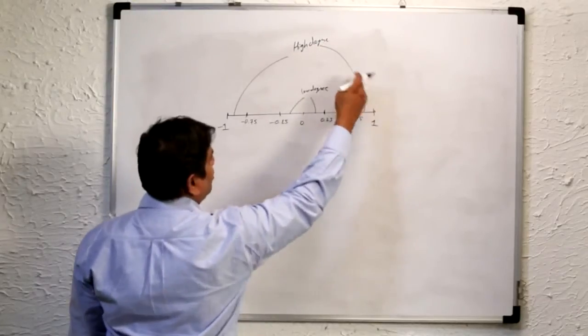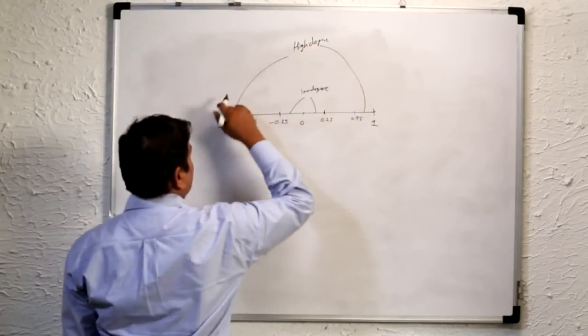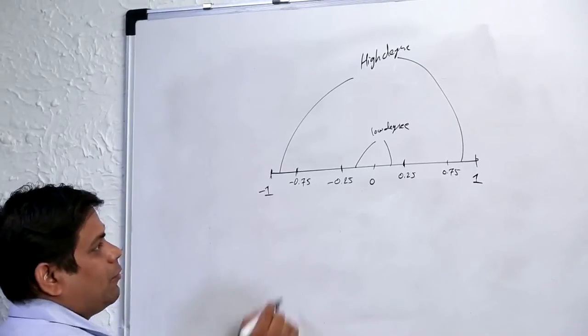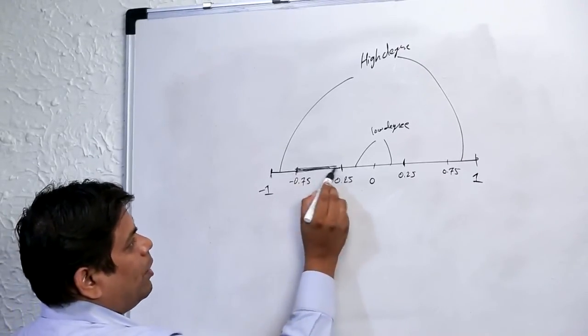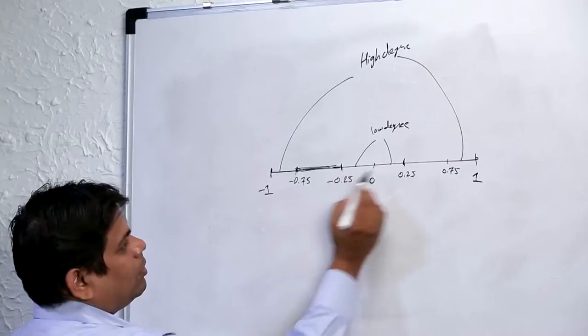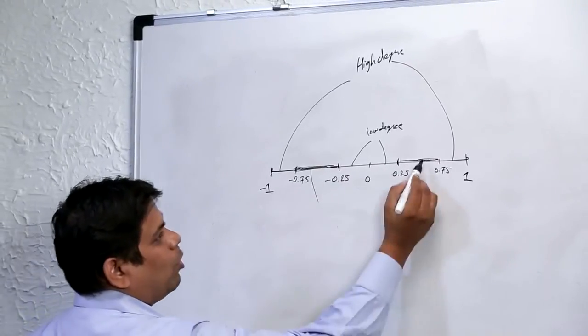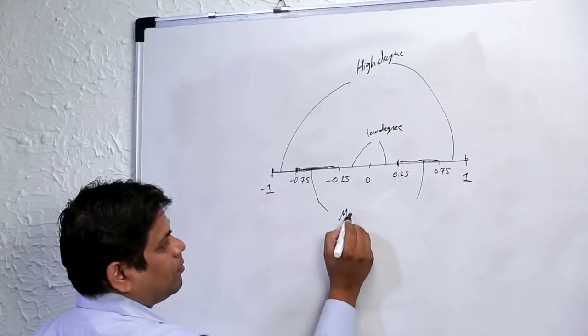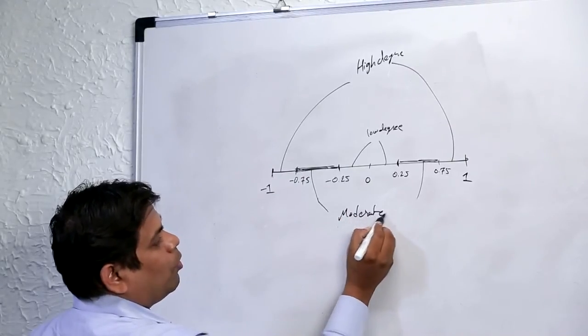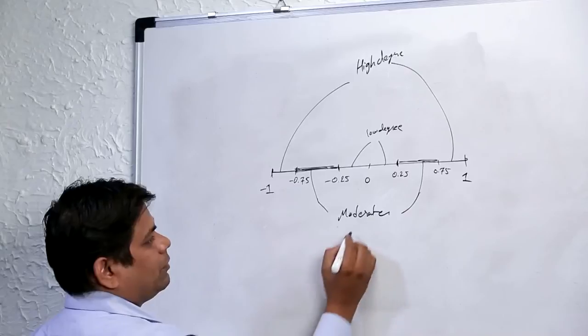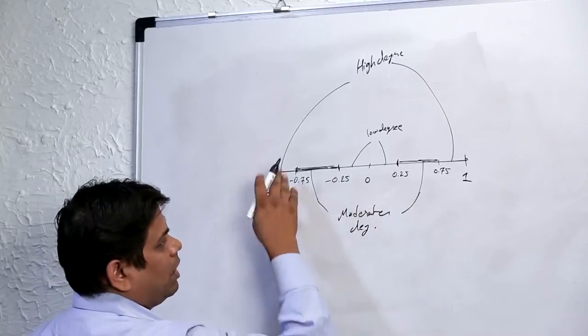If it is somewhere here, you write high degree positive. If it is somewhere here, then you write high degree negative correlation. If it is between 0.25 to 0.75 and -0.25 to -0.75, you write moderate. Moderate you write, or write medium degree positive, medium degree negative.